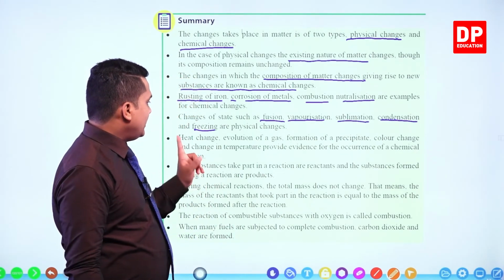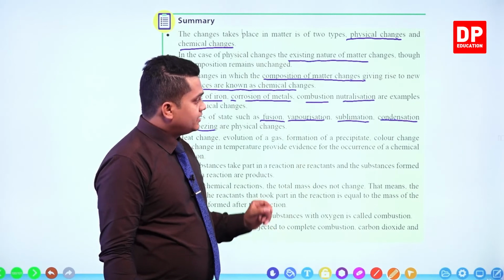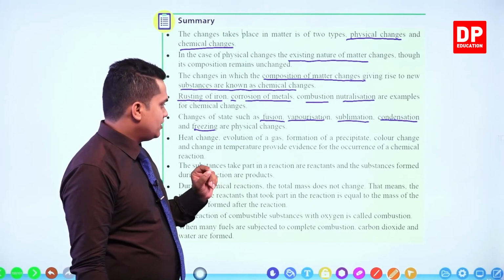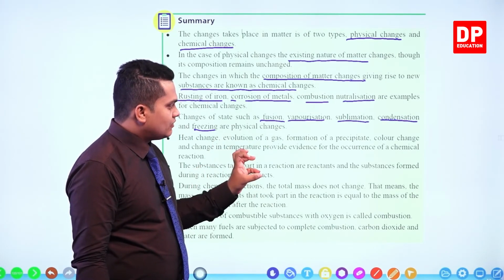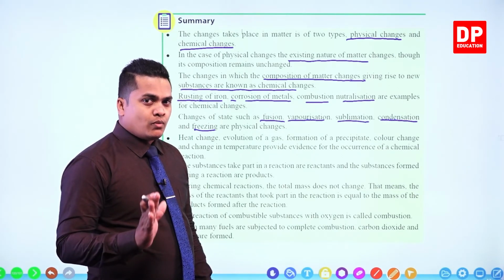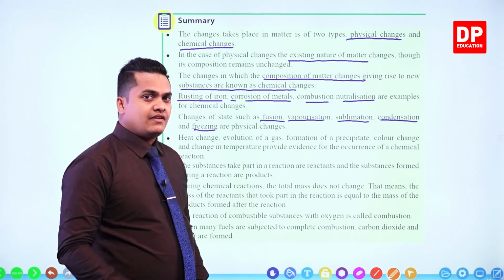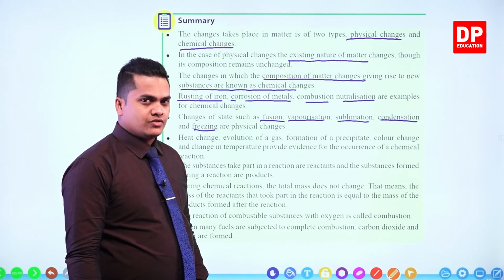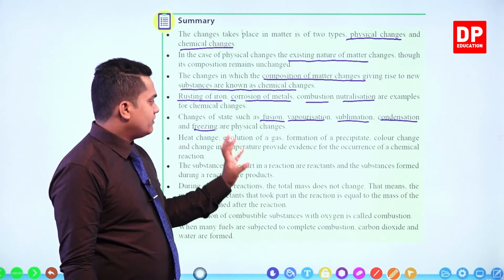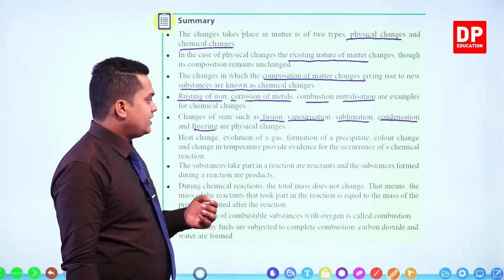Heat change, evolution of a gas, formation of a precipitate, and color change provide evidence for the occurrence of a chemical reaction. To provide solid evidence of whether there is a chemical reaction or not, we can give several observations: heat change, evolution of gases, formation of a precipitate, color change, change in temperature.